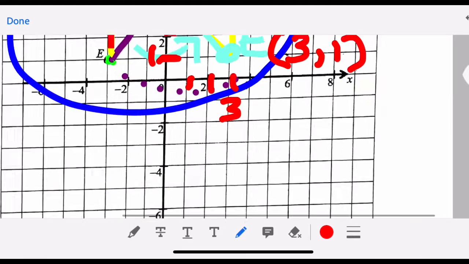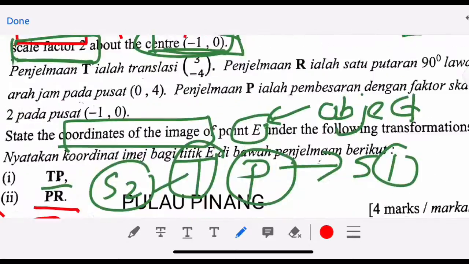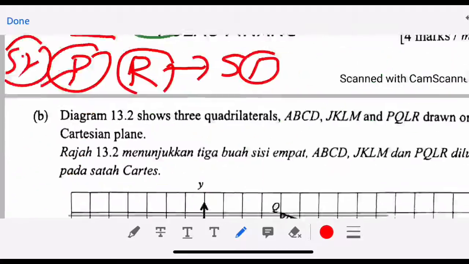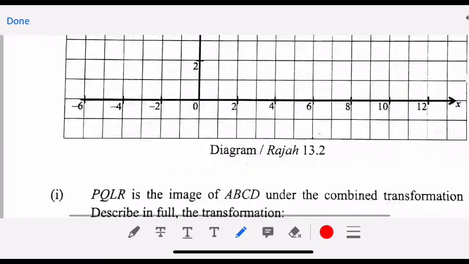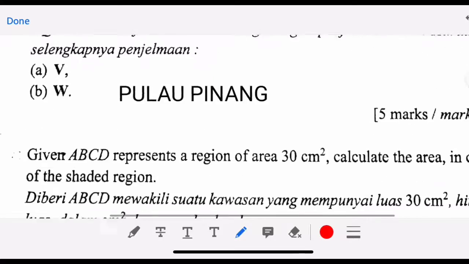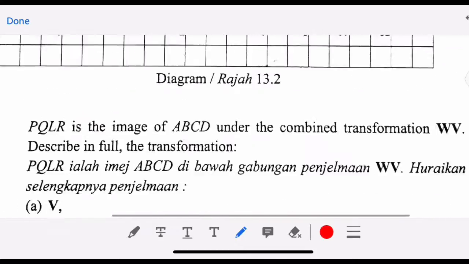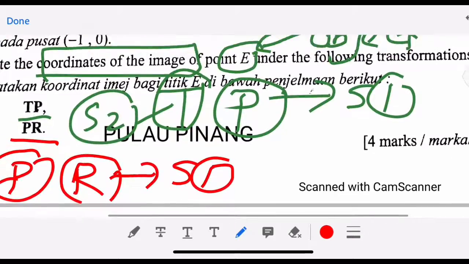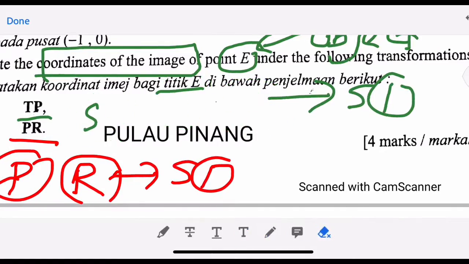If you write, you can start to write your answer. Maybe you can write somewhere in the answer space later. Let me teach you how to write. Where's our answer space here? Let me erase.